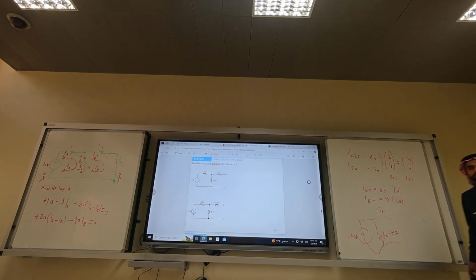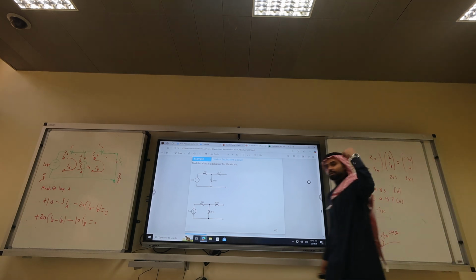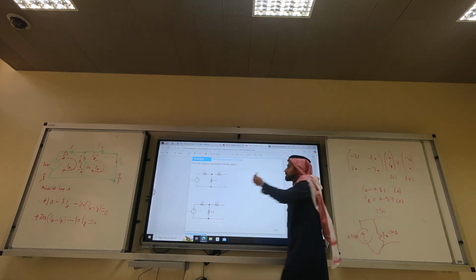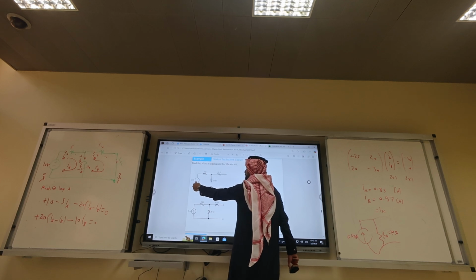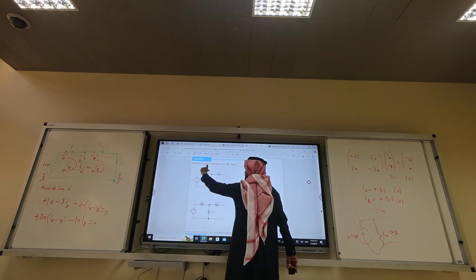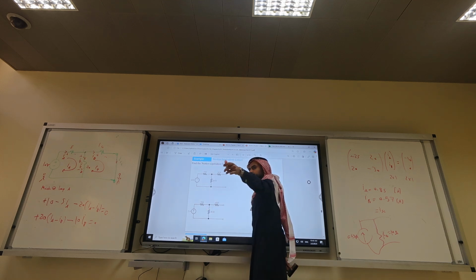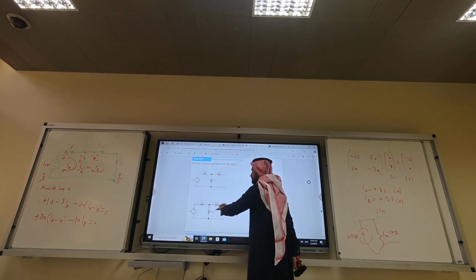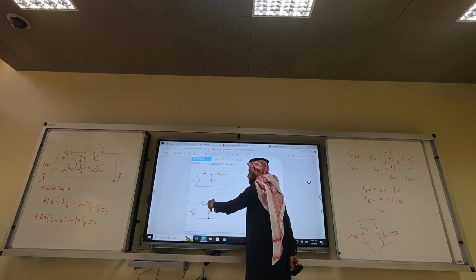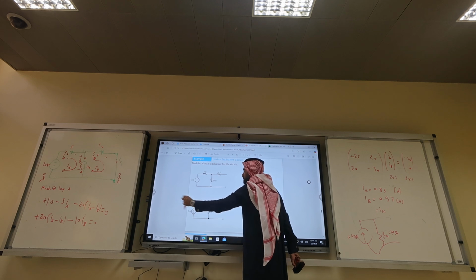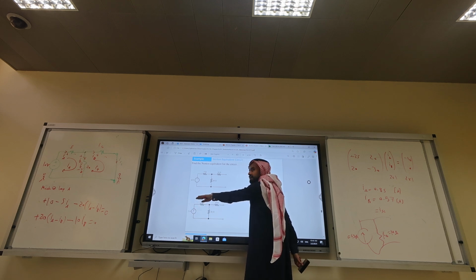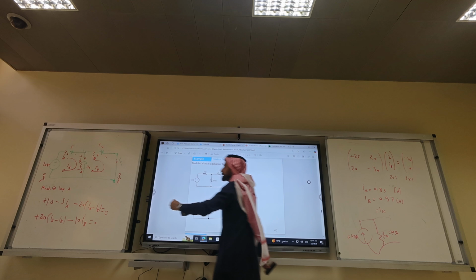We did it before at the beginning. You short circuit this, right? Yes. 10 in series with the parallel combination between 5 and 20. What is our Thevenin here? 10 plus 20, because this is open circuit, the 5 will be hanging. It will be like that.